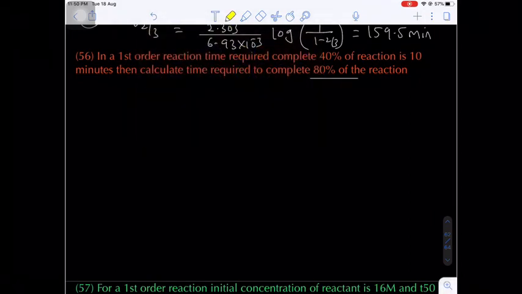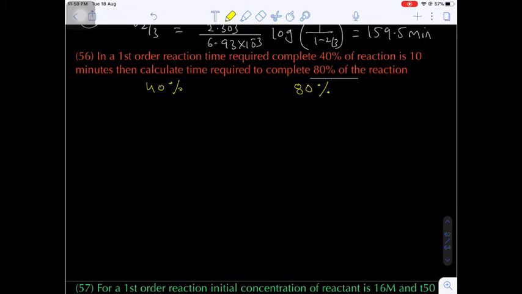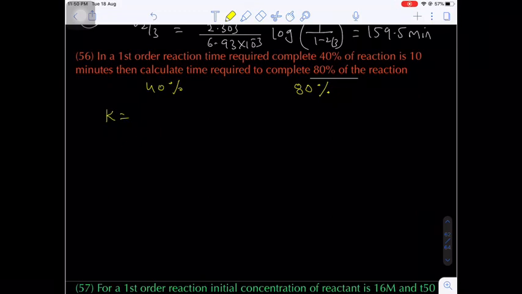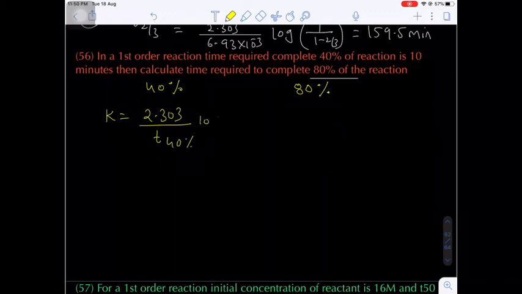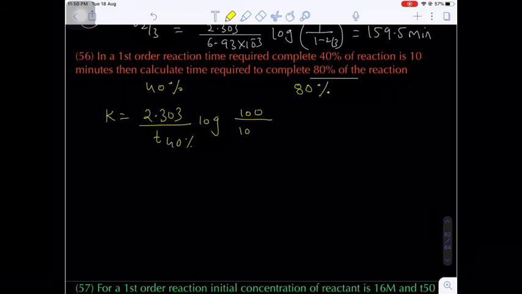Similarly here also, now here 40% completion and 80% completion. Now directly I am writing: for 40% completion, K is equal to 2.303 by T 40% into log of 100 by 100 minus 40.